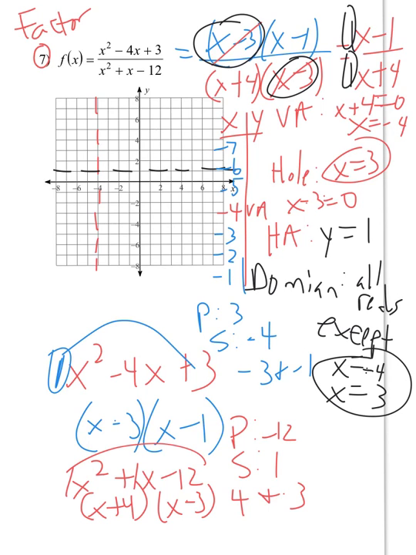Okay, and we're looking really at plugging them into the simplified function here of, remember, it was x minus 1 over x plus 4. So if I put negative 5 in there, that would leave me with negative 6 on the top.